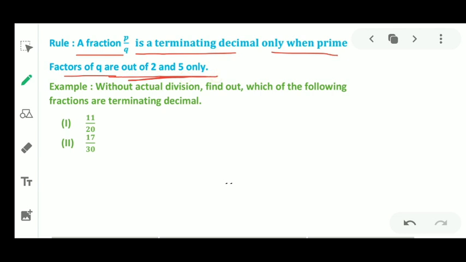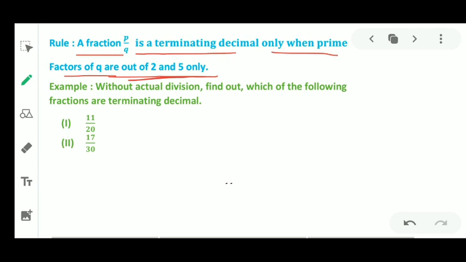It actually says, if we do the prime factorization of the denominator and we get 2 or 5 or both 2 and 5 only, then the fraction is a terminating decimal. Let us understand with an example.